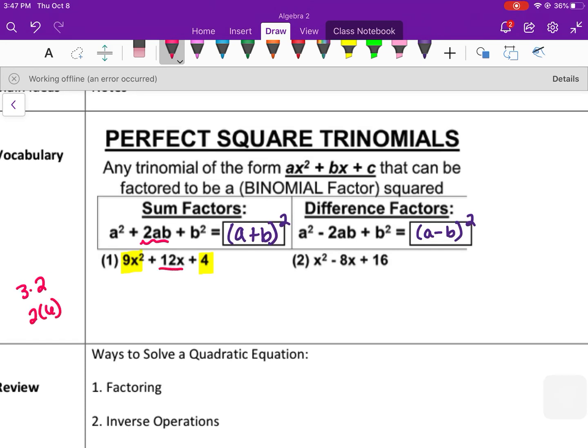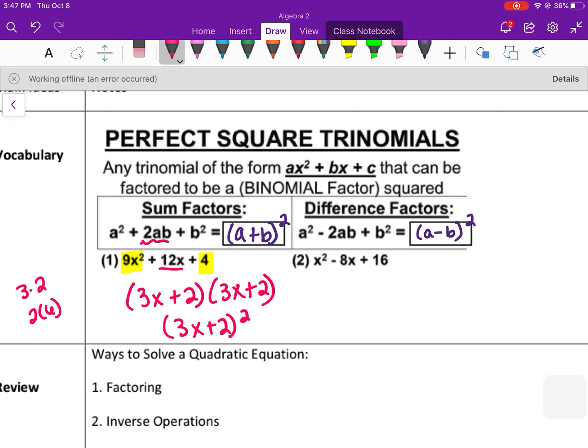So it is a perfect square trinomial. Basically, you multiply the ends and then double it, and if that's in the middle, you have a perfect square. So this should factor to (3x plus 2) times (3x plus 2), or (3x plus 2) squared. And you could multiply that out to see how that works too.